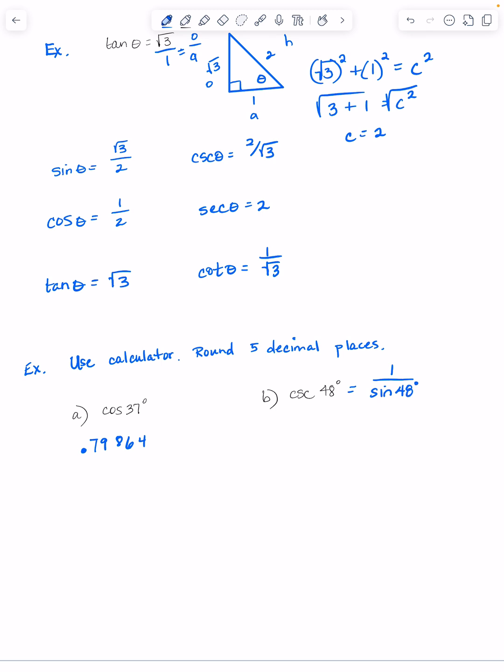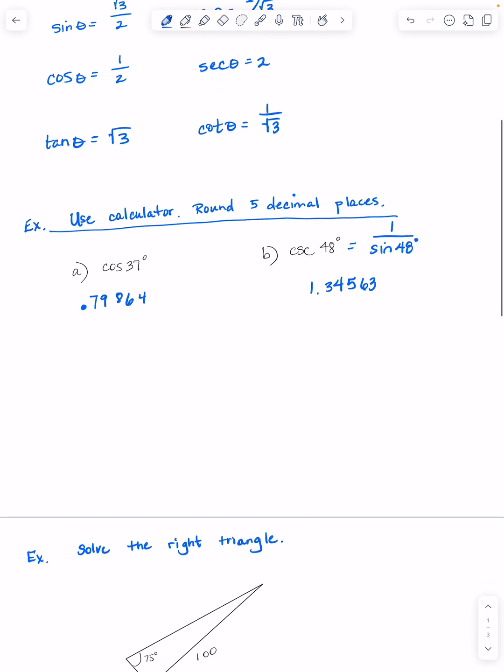Alright, so when I punch this in my calculator, I'm going to do 1 divided by the sine of 48 degrees, and then rounding that to 5 decimal places, that gives me 1.34563. Alright, so just be familiar with the calculator that you have to use. You don't have the secant, cosecant, and cotangent buttons, but you can use sine, cosine, and tangent accordingly.